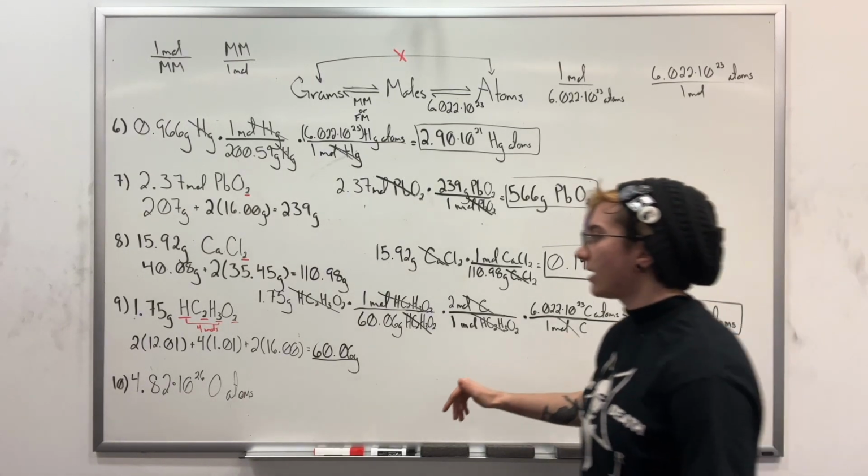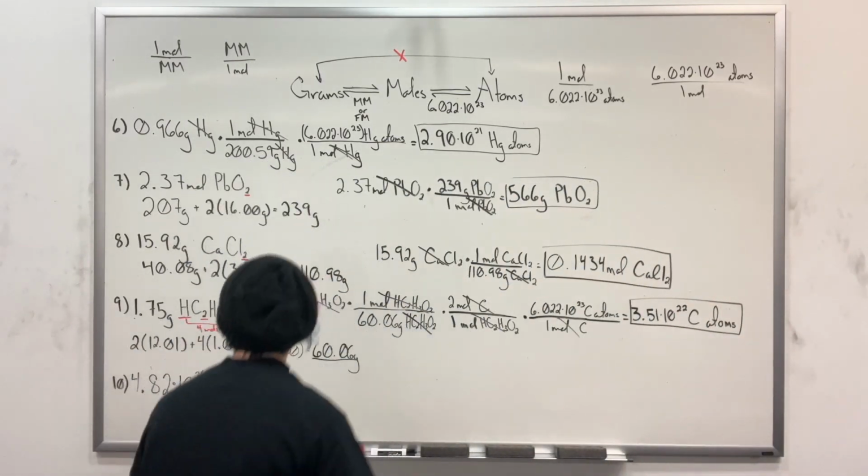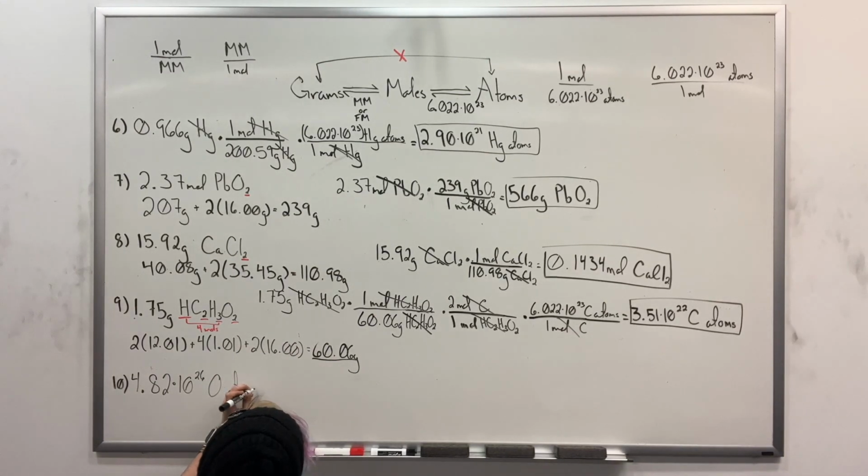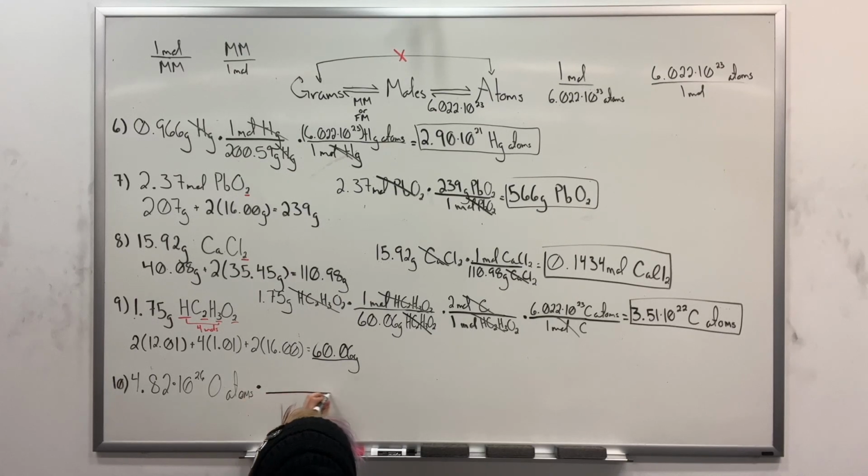So we're starting in atoms, which means it's in our numerator. We want to get to moles, and so we're going to divide by Avogadro's number. Every 1 mole of oxygen is made of 6.022 times 10 to the 23rd oxygen atoms.